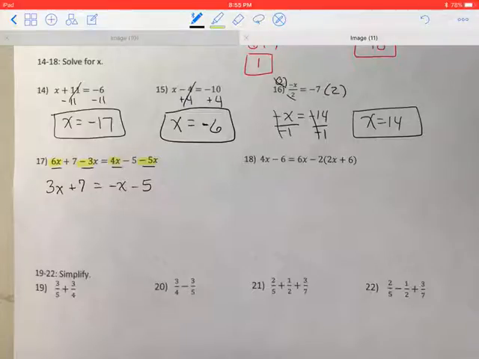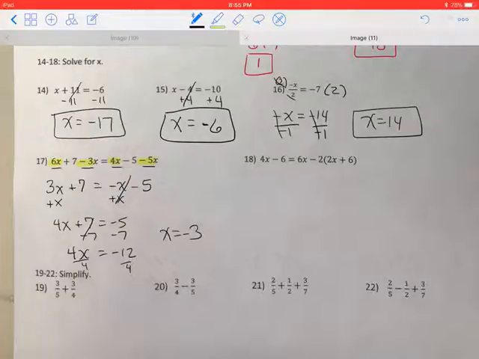So now I want to put all my x's on one side, all my constants on the other. So I'm going to add x to both sides. Those cancel. I get 4x plus 7 equals -5. Minus 7 to both sides, and I get 4x equals -12, since those are both negative. Then divide both sides by 4, and we get x equals -3.